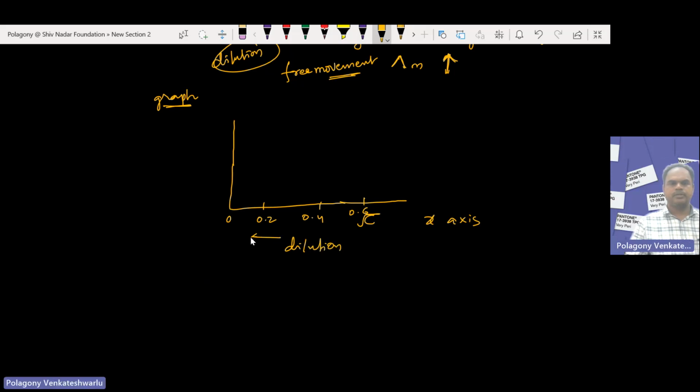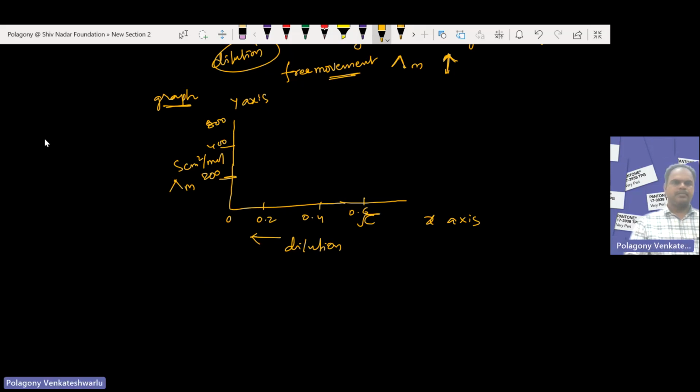The direction of dilution is towards decreasing concentration of the electrolyte. Now the molar conductivity, in Siemens centimeter square per mole, is taken on the y-axis, with marks at 400 and 800.